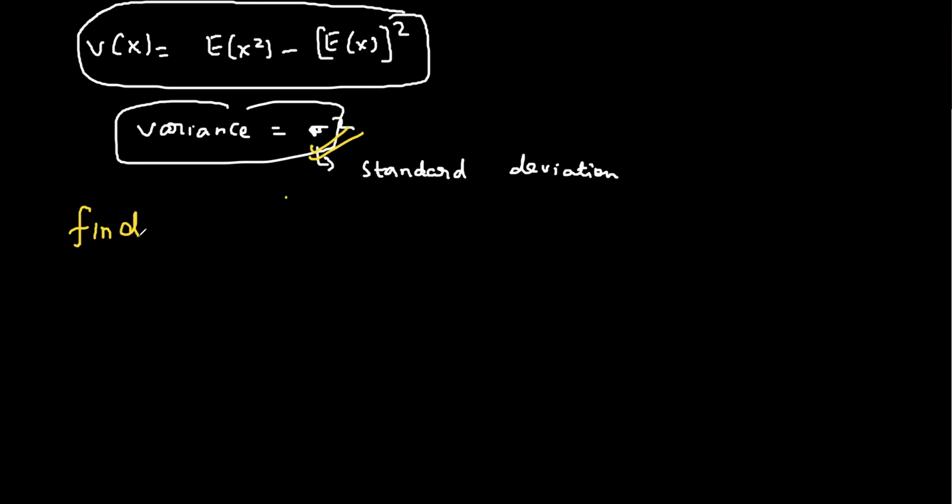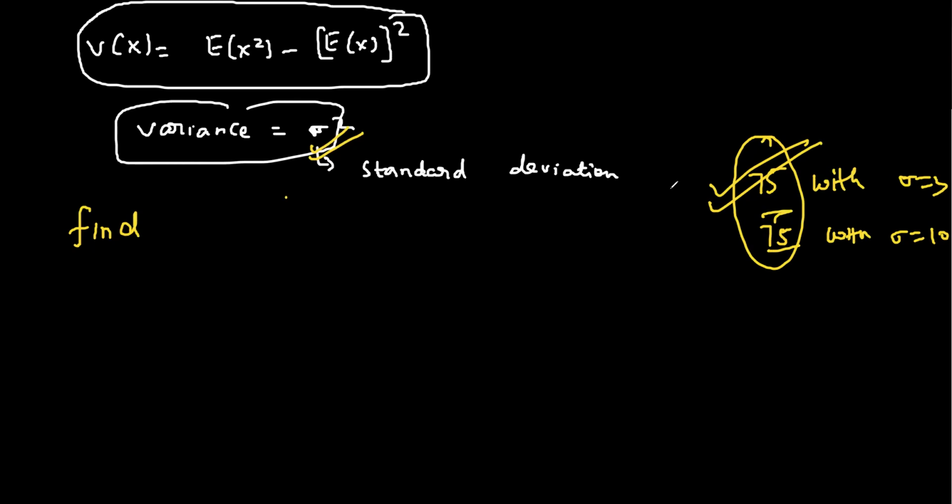If I say your marks is 75 with standard deviation 3, and your friend's marks is 75 with standard deviation 10, who is more consistent? This person. So the average alone cannot decide who is more consistent. That's why we also find variance or standard deviation. Noted?